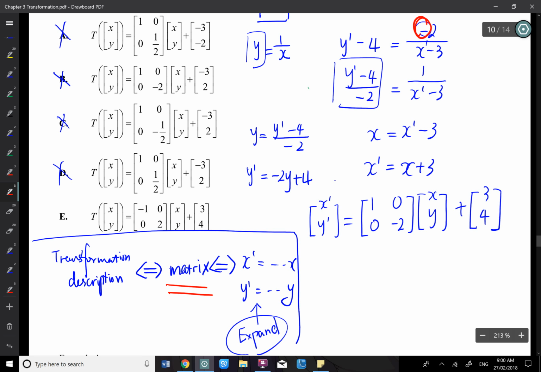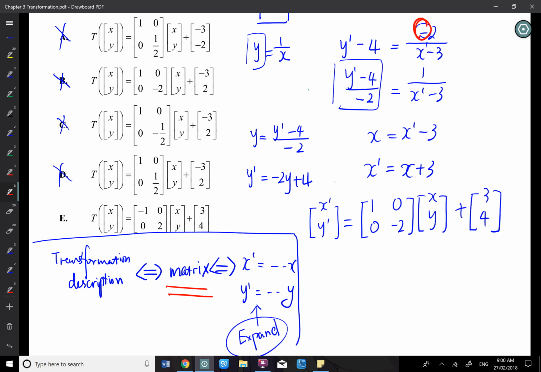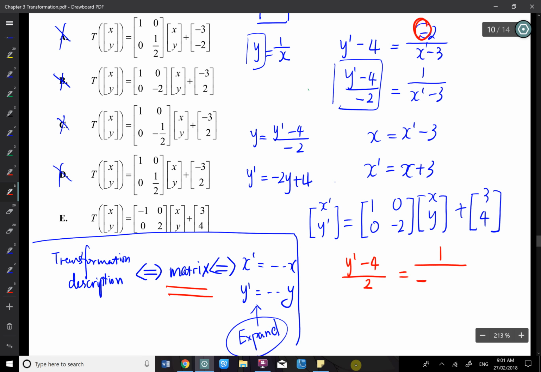It should go to the bottom and combine with the X. So I will rearrange the top equation: y dash minus 4 over 2 equals 1 over negative bracket x dash minus 3. Remember, when you put the negative on top or bottom, it negates the whole thing. So you put the negative sign down and divide the pure 2 on the other side. Now the x is associated with the negative, not the y. There's no reflection on the y side anymore.